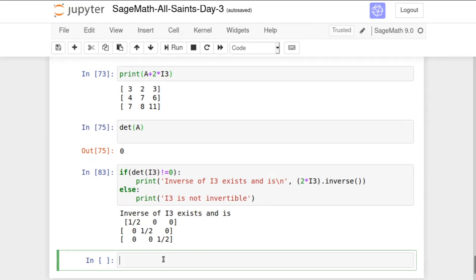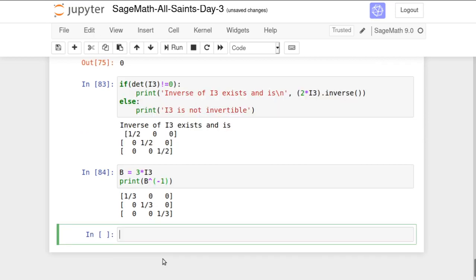That is also possible. For example, suppose that b equal to 3 star I3 and print b to the power -1. We will see 1 by 3 0 0 0 1 by 3 0 0 0 1 by 3.